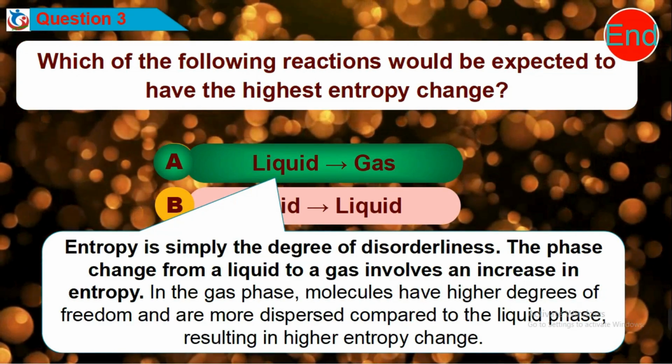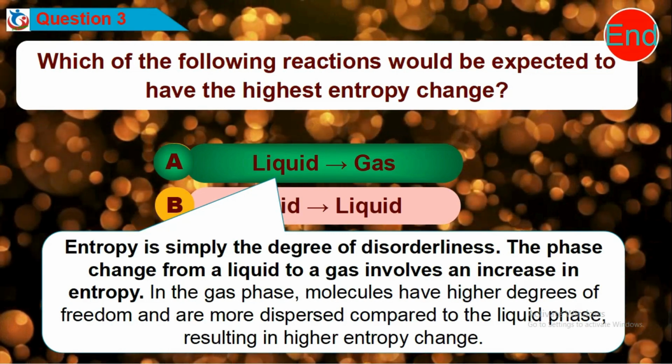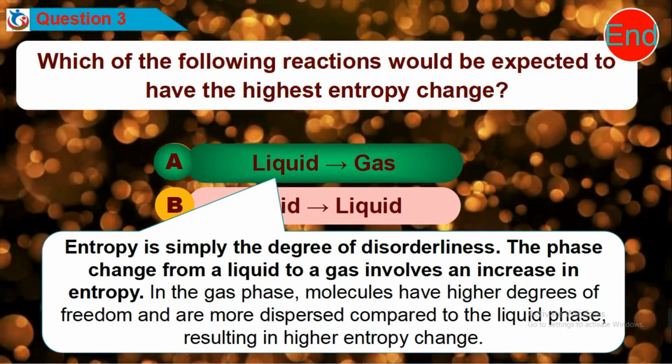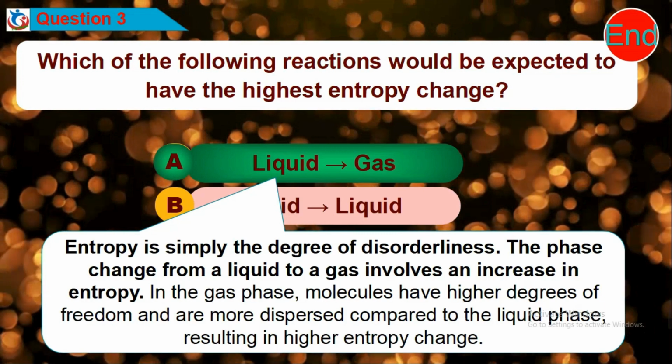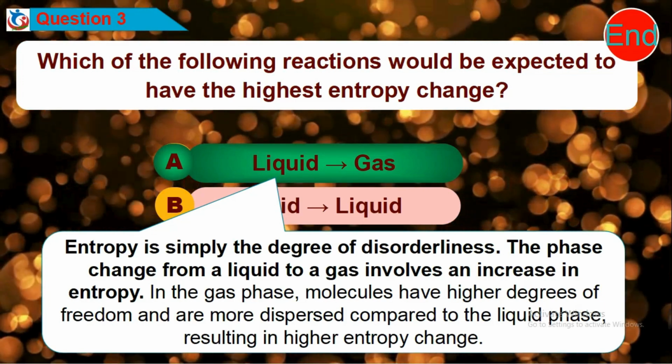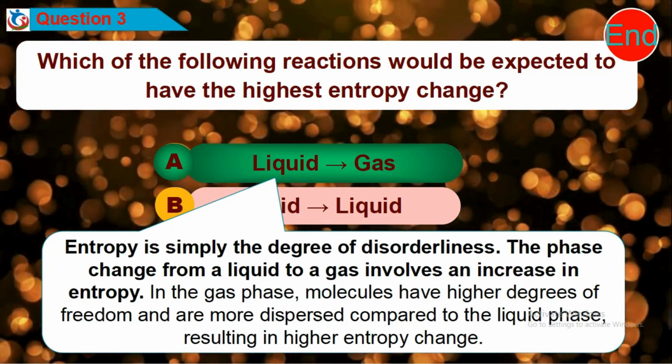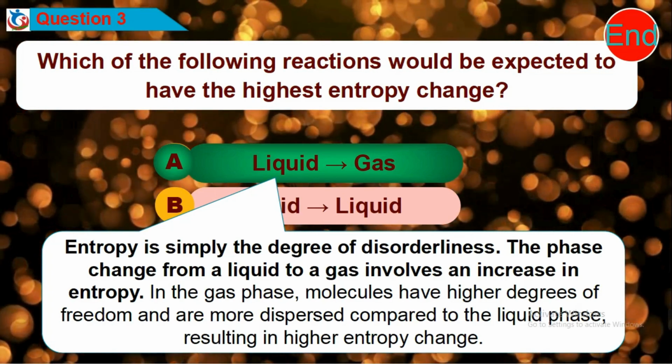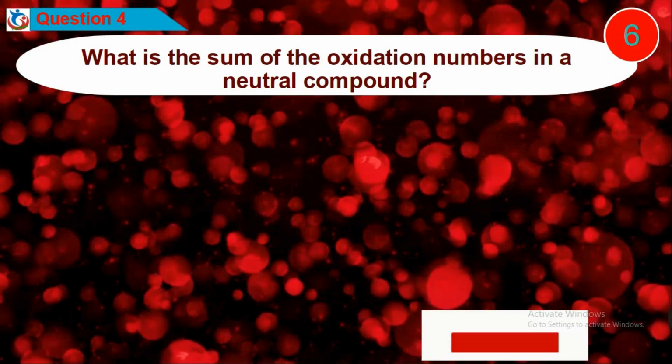The phase change from a liquid to a gas involves an increase in entropy. In the gas phase, molecules have higher degrees of freedom and are more dispersed compared to the liquid phase, resulting in higher entropy change.